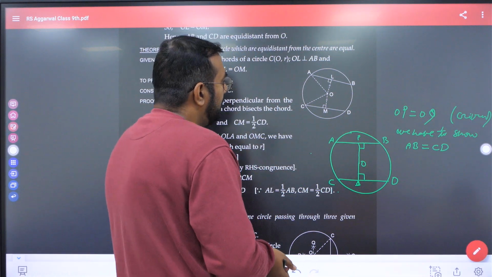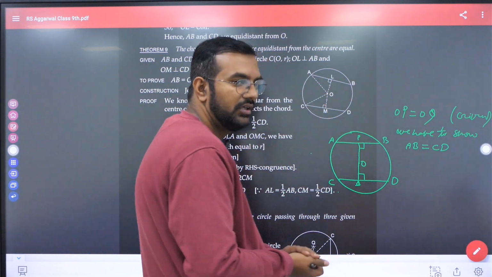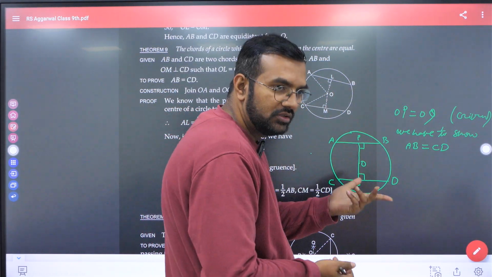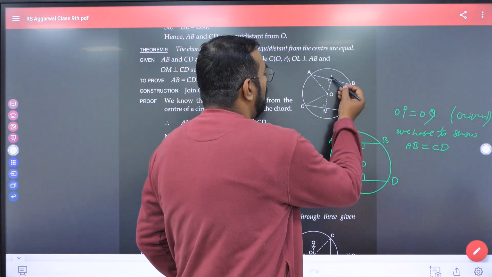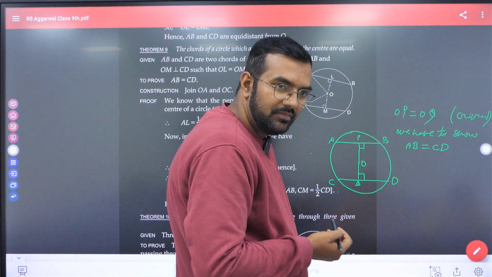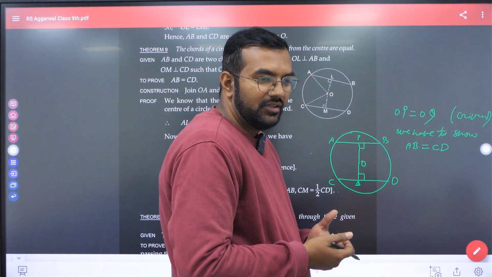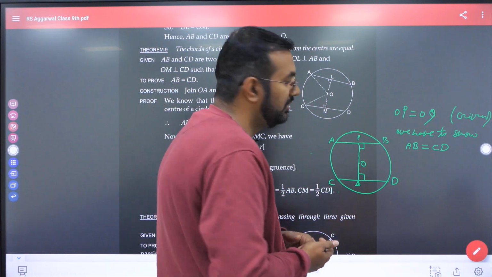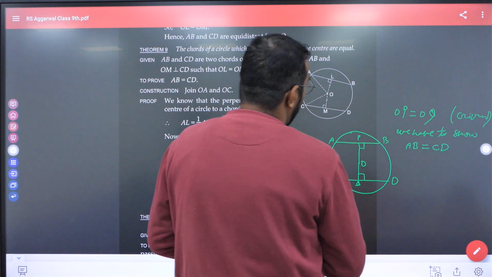So beta, here, similarly by joining OA and OC, you can see AB and CD are two chords, and it is given that they are equidistant. That means OL will be equal to OM, because OL and OM are the distances. And it is given that the distances are equal. That is given. OL will be equal to OM.